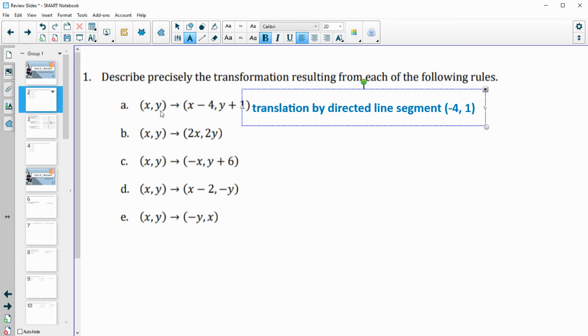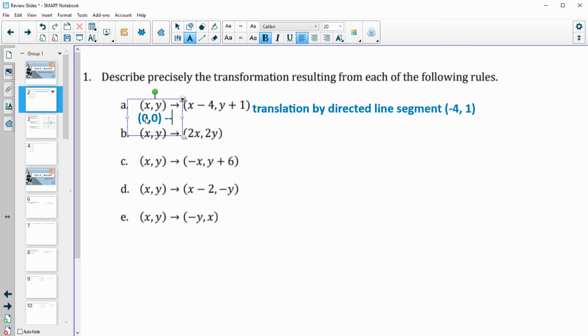You just take as if you were plugging 0, 0 in here, and that's going to take it to the point 0 minus 4, so -4, and then 0 plus 1, so 1. So that's going to be a translation by directed line segment -4, 1.